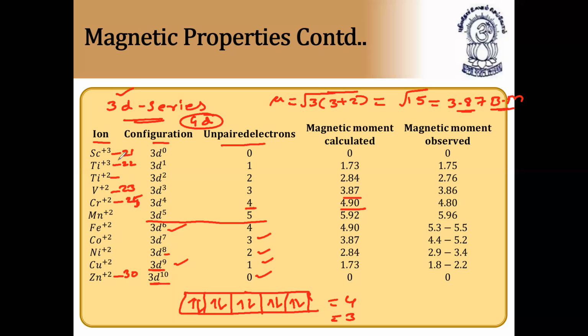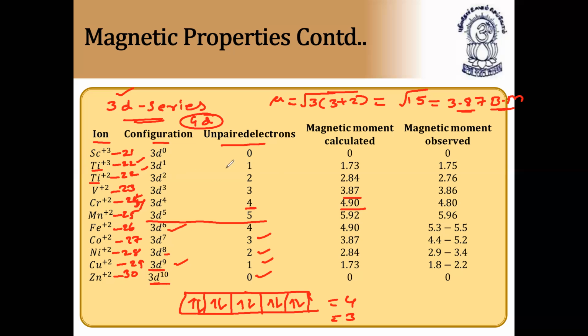Somewhere we have missed it, titanium they have given 2 times, that's why it went wrong. So this is 22, 23, 24, and manganese 25, iron 26, cobalt 27, nickel 28, copper 29. So 21 to 30. This is 22 and 22 because of titanium plus 3 and titanium plus 2.